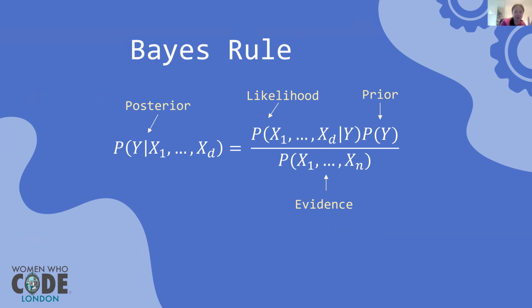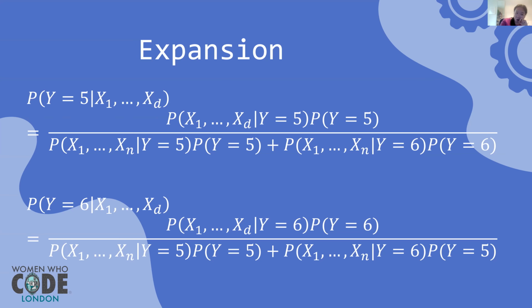It is the same as this one. They are the same equation, it's just y equals to 5 now. So the possibility of this picture being 5 on the condition of these pixels is calculated by these pixels on the condition of the label being 5, multiplied by the possibility of this picture being 5. And what I'm going to add at the bottom is how it transfers like that.